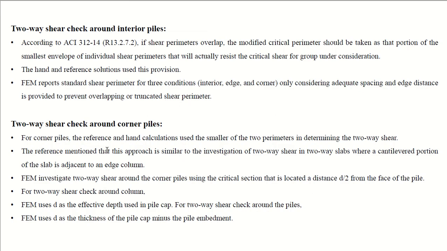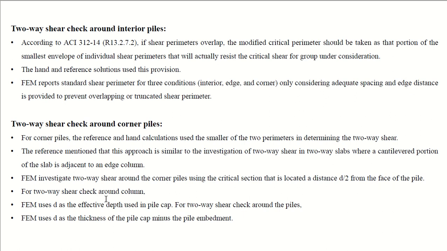In the case of corner piles, the reference and hand calculations use the smaller of the two parameters. The reference mentioned that this approach is similar to the investigation of two-way shear in two-way slabs, where a cantilevered portion of the slab is adjacent to an edge column. FEM investigates two-way shear around the corner piles using the critical section located at distance d by 2 from the face of the pile.